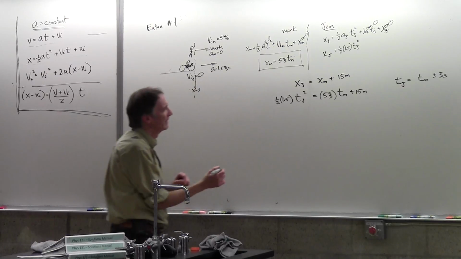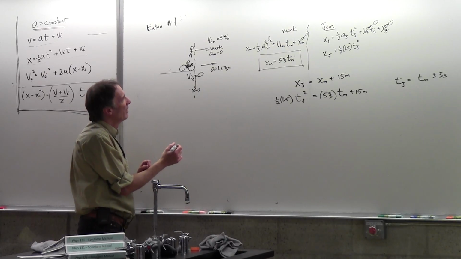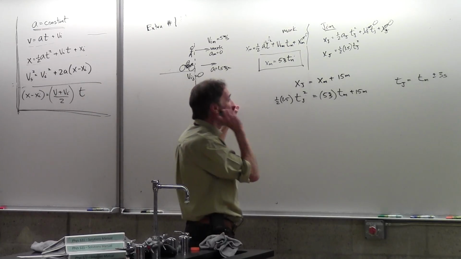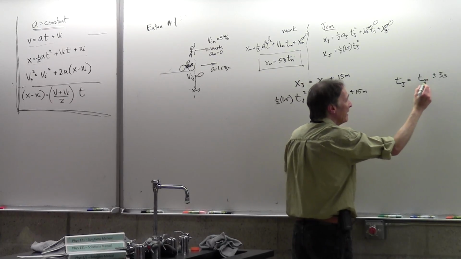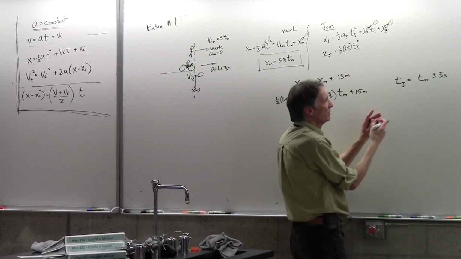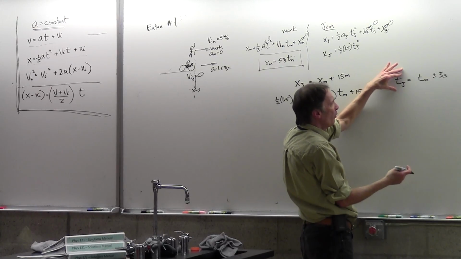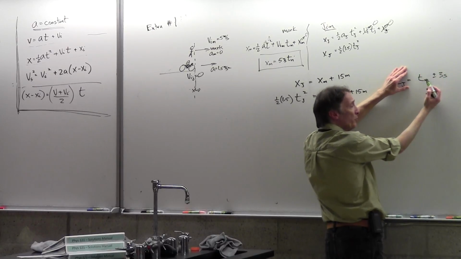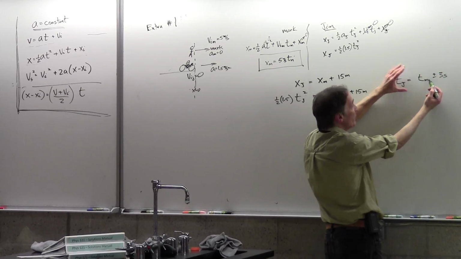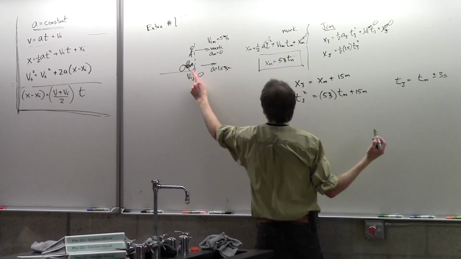Okay, that's the question. So the idea that Mark's time goes by, now you could think this way: when t equals 0 for Jim, Mark is already 3 seconds ahead. So that's when he starts.